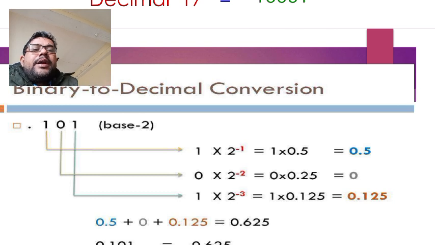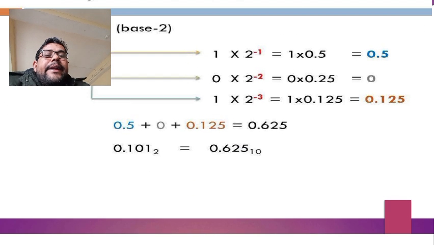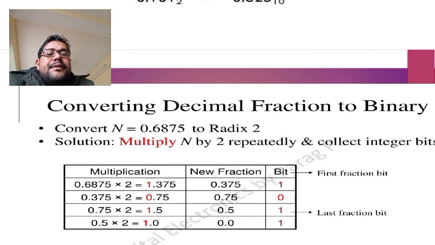Next number, 0 into 2 to the power minus 2. Next number, 1 into 2 to the power minus 3, and add all these numbers, then we can get its decimal number.